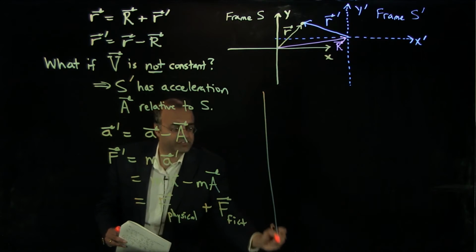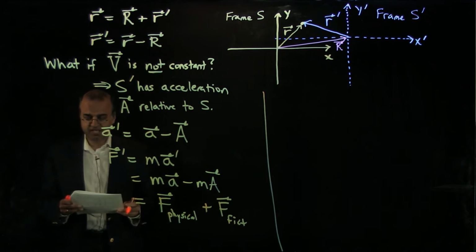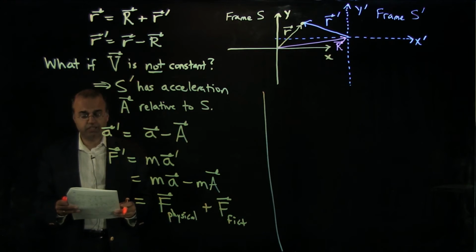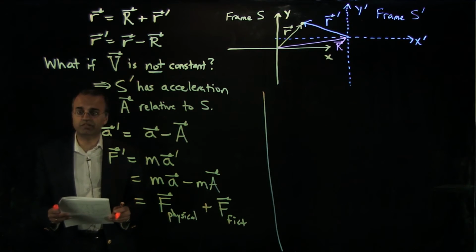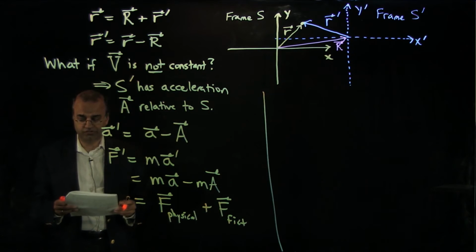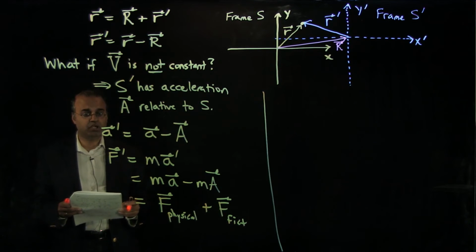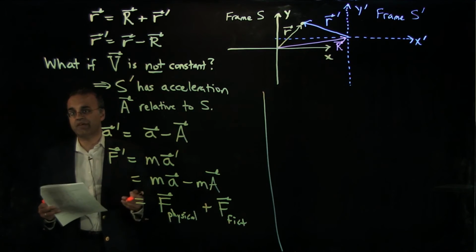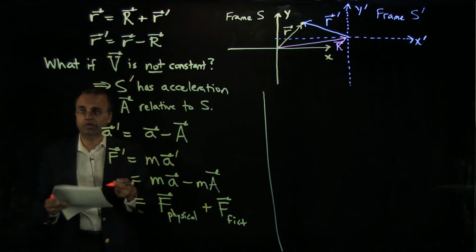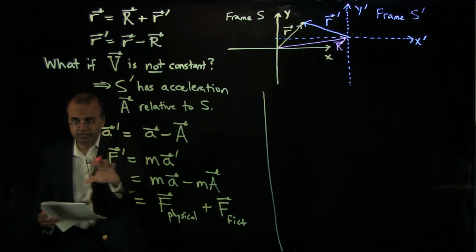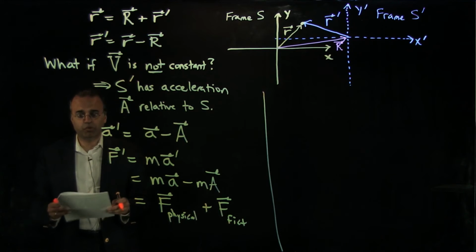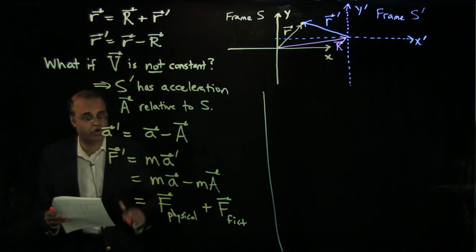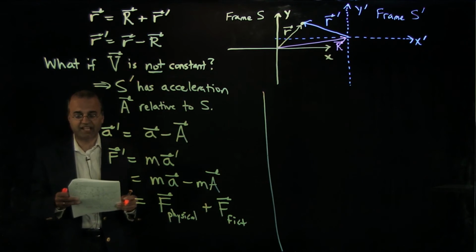So what this means is the following: an observer in frame S prime, in order to explain the motion of the object using Newton's laws, will have to invoke not just the physical forces that are acting on the object, which might be due to gravity, or a rope pulling, or an engine pushing, or a hand acting on something, but will also have to invoke an apparent force, which I'll call F fictitious, that acts on everything.